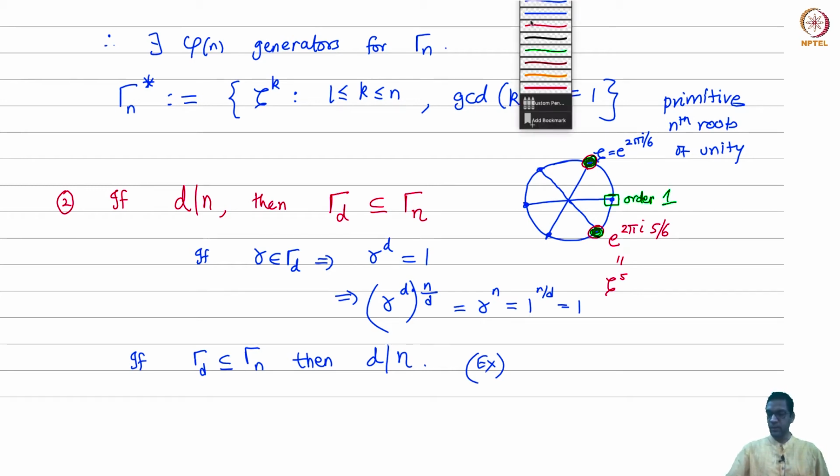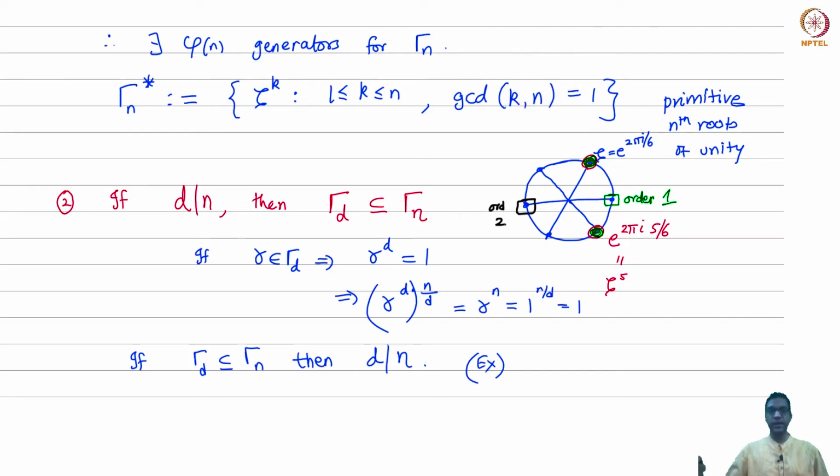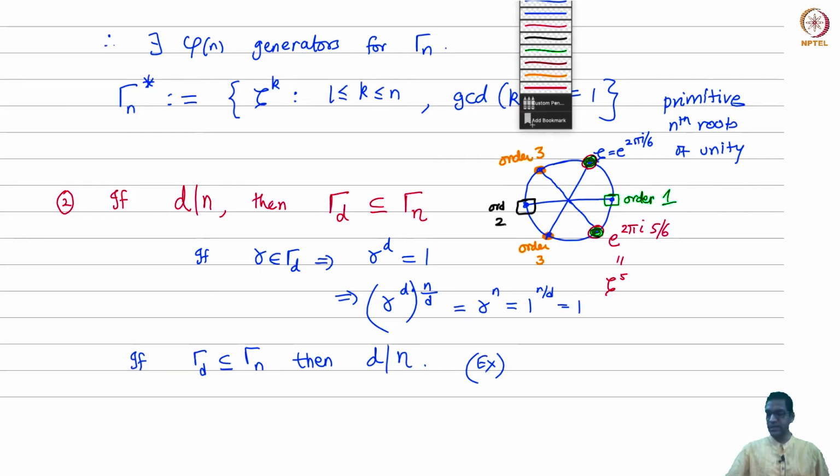If I take the element at the other end, minus 1, this has order 2, because when I square it I get the identity, and the remaining elements have order 3. So if I take this element and this element, they both have order 3 in the cyclic group. And the original elements, like I said, both have order 6.